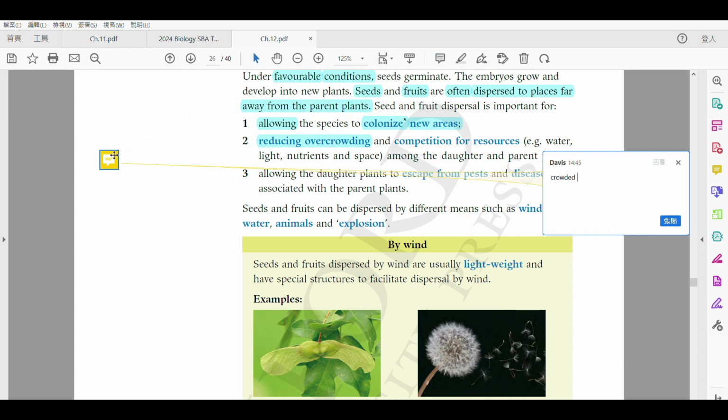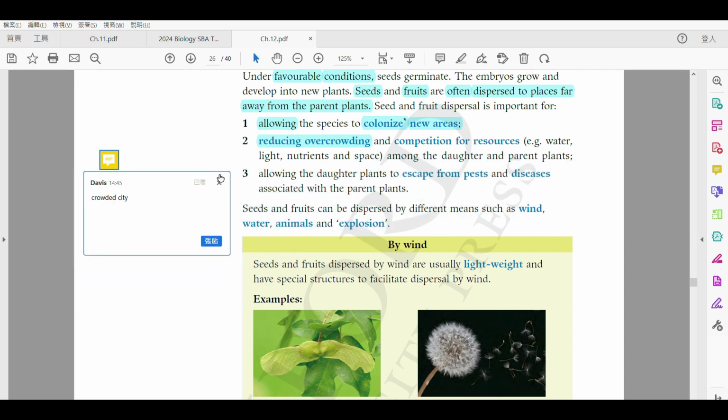We know this word crowded, right? We often say Hong Kong is a crowded city, a very dense city with many people. So overcrowding is a problem. If the seeds and fruits can be dispersed to faraway places, they can reduce the chance of overcrowding.